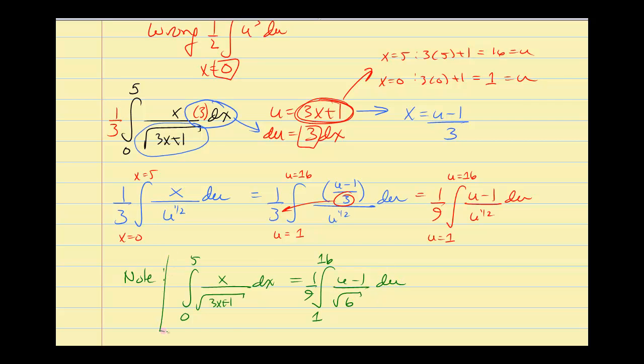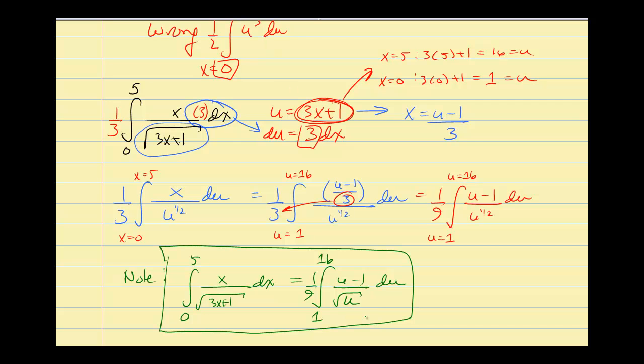These are identical. Now the graphs are not the same. The graphs are going to look different, but the area underneath the graphs, the left hand one from 0 to 5 and the right hand one from 1 to 16, are identical. And that's a u, not a 6.